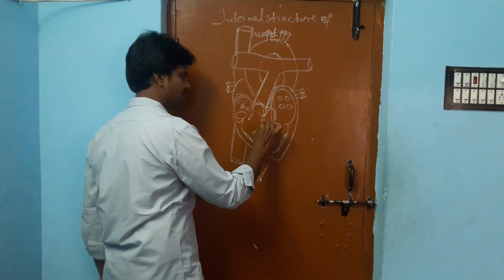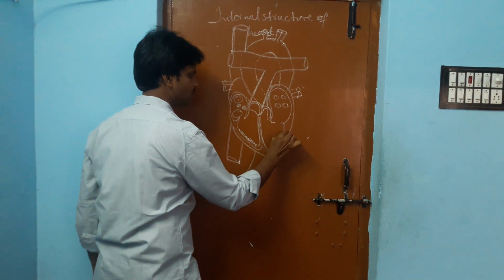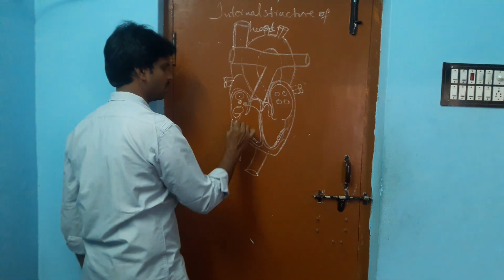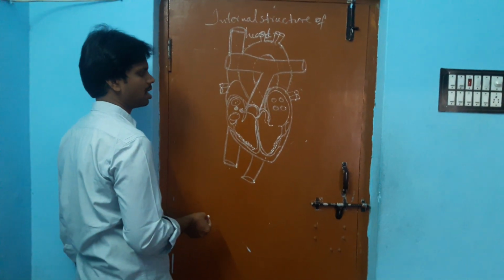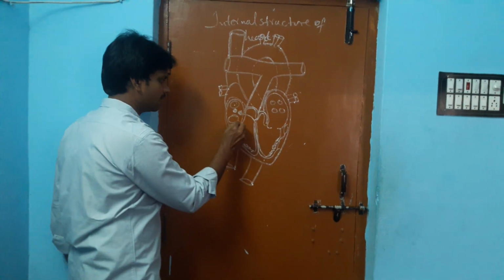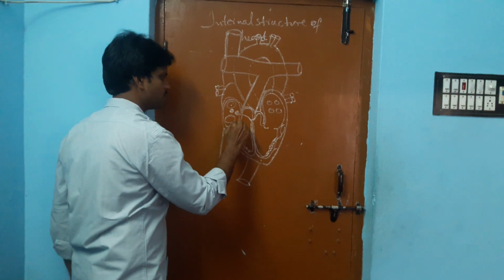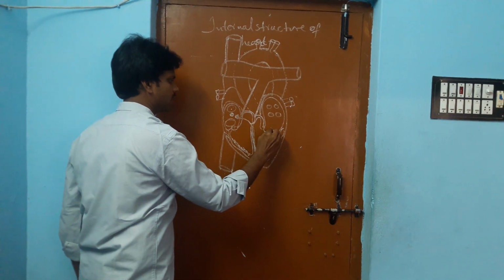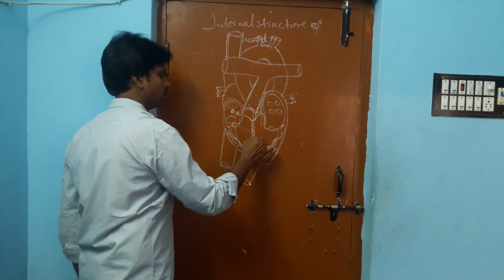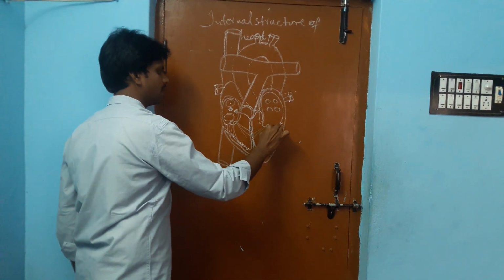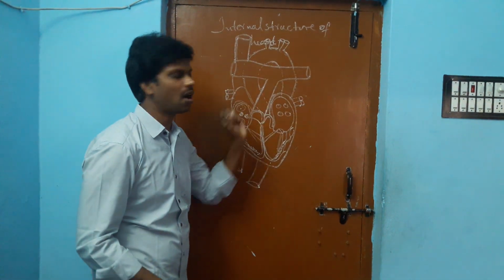From the AV node a bundle of fibers arises and divides into 2 branches which are called Purkinje fibers. Yes, this is the internal structure of the heart and it contains a tricuspid valve. Here is a bicuspid valve, and chordae tendineae, which are connective tissue that hold the valves in the correct position. This is the internal structure of the heart.